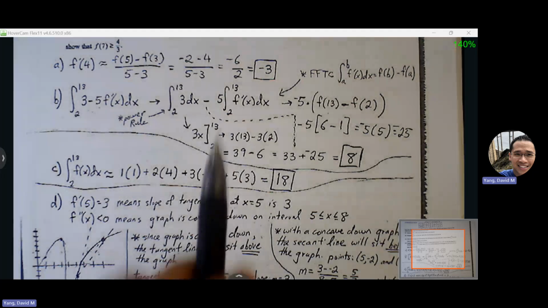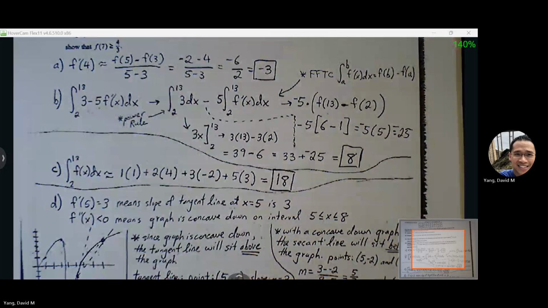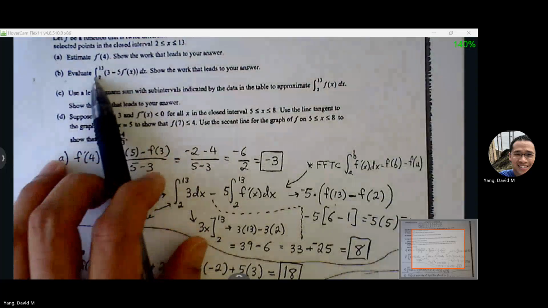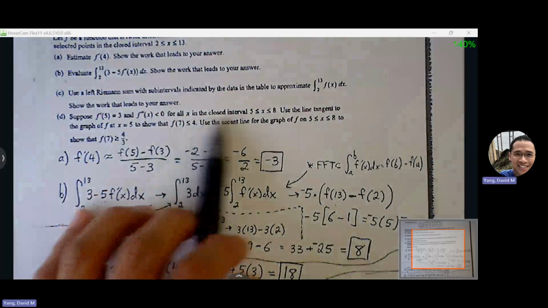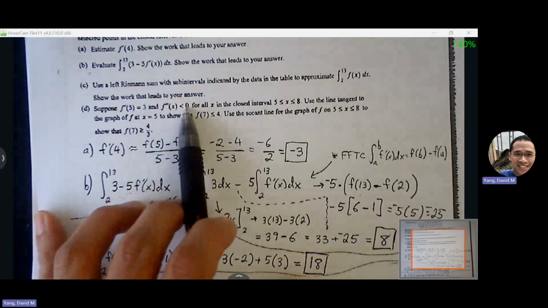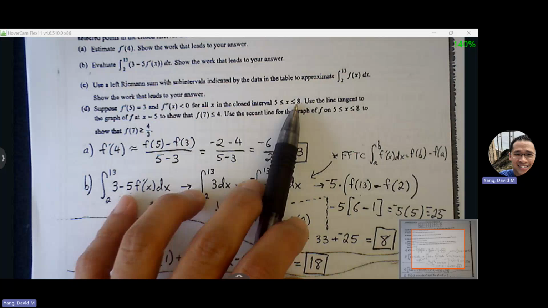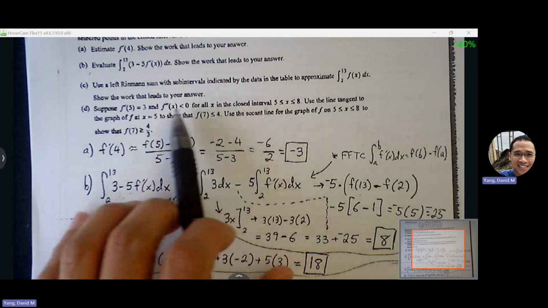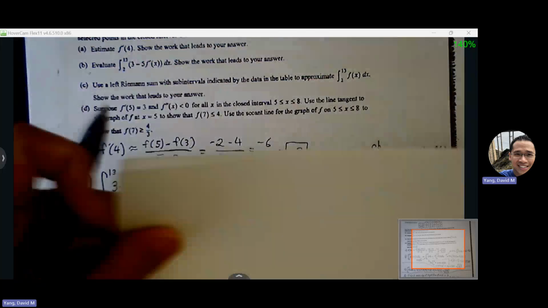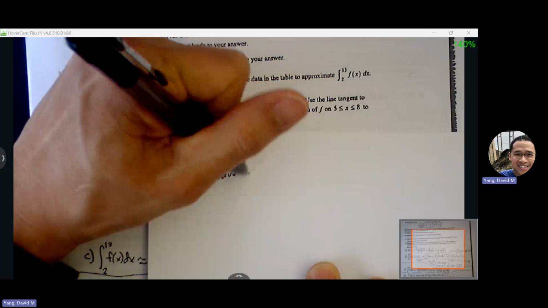So we do know that they tell us that the graph is concave down for all the values between 5 and 8. So that gives us a hint in terms of what the graph looks like. So this is what they're trying to get us to do for part D, they're indicating that the graph is concave down.